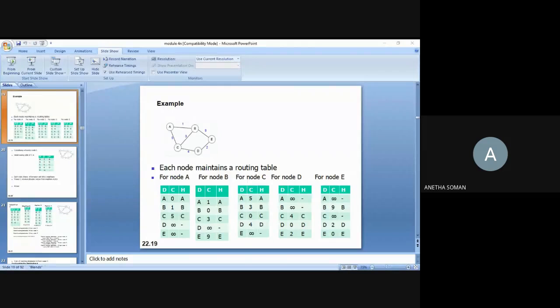Yes. Okay. Now what is the final table for A? A0A, B1B, C4B, D8C, B8C or B you will be getting.